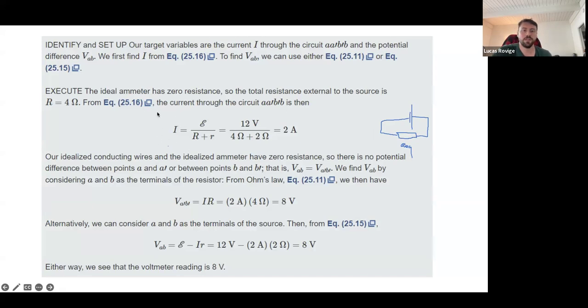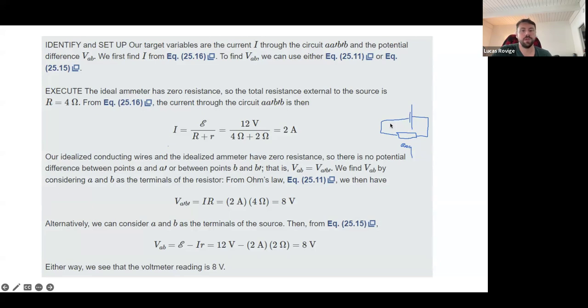So the current is equal to the EMF divided by the total resistance. We get 12 volts divided by 6 ohms, the sum of the two resistors, so we get 2 amps in our circuit.